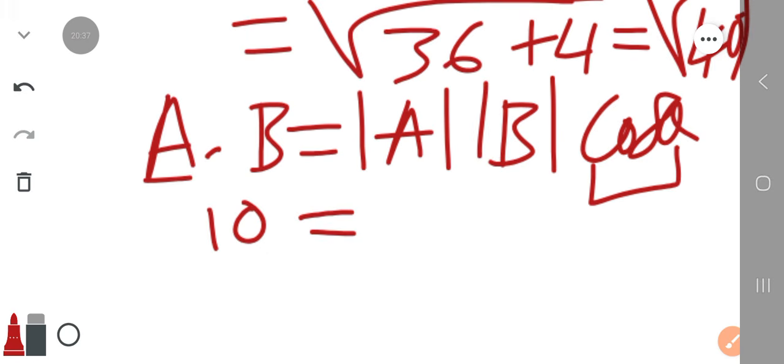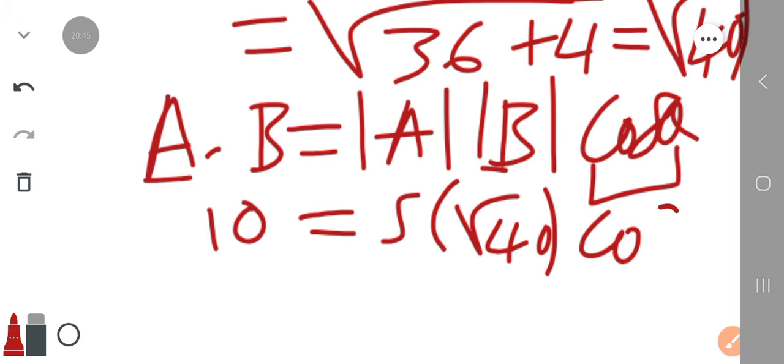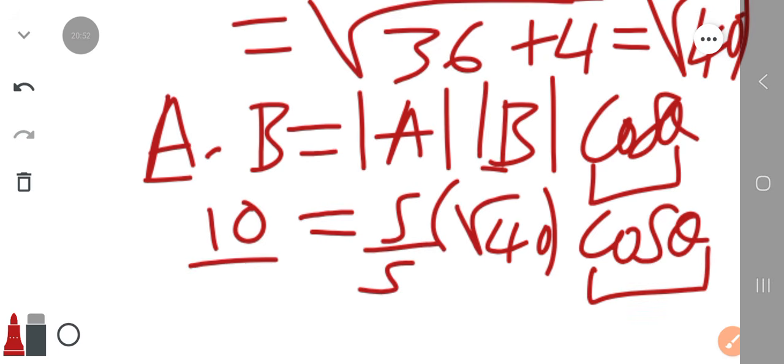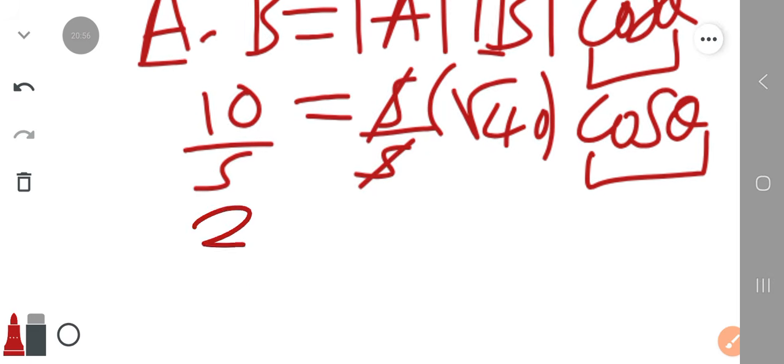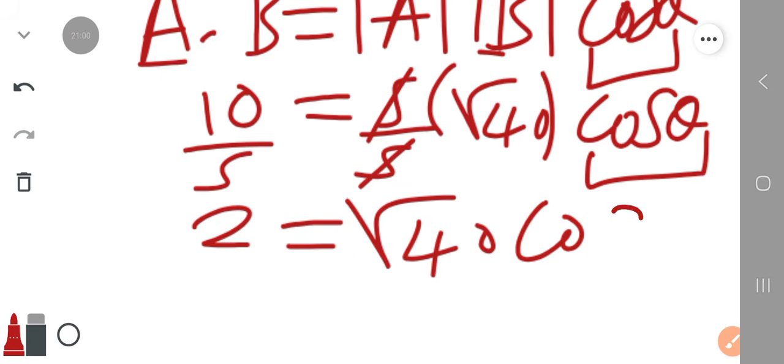So 10 equals the magnitude of A, which gave us 5, times the magnitude of B, which gave us the square root of 40, times cos theta. We can divide by 5 to get rid of that, so that we have 2 equals the square root of 40 cos theta.